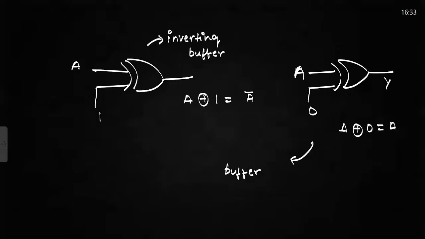So if I am using an XOR gate and taking 1 as constant for one input, then my output will be the complement of the input that I am giving. Similarly, if I am taking 0 as constant, then my XOR gate acts as a buffer.